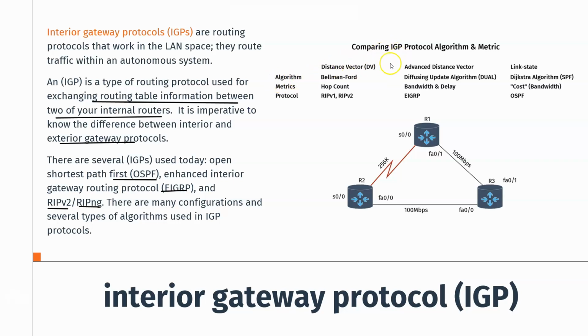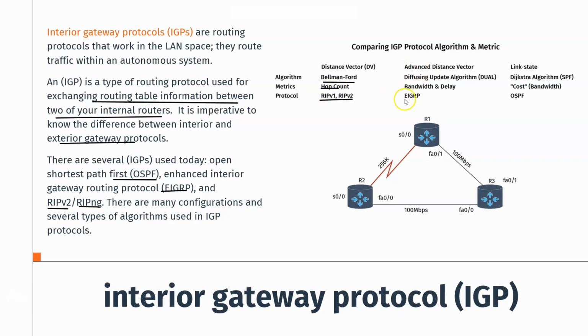For the different protocols here, we have the link state, the distance vector, and the Bellman-Ford algorithm. Down here at the bottom, kind of inversely, the protocols RIP v1 and RIP v2 use Bellman-Ford and hop count.